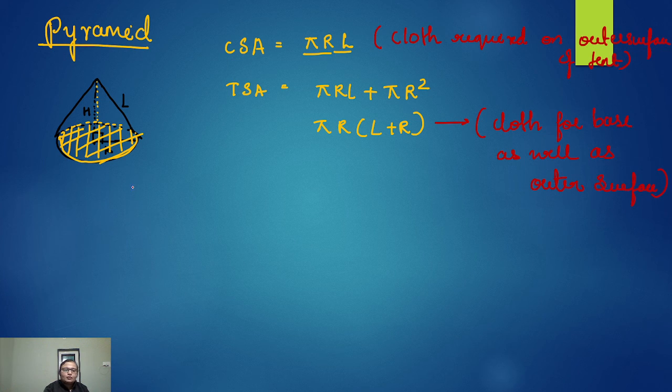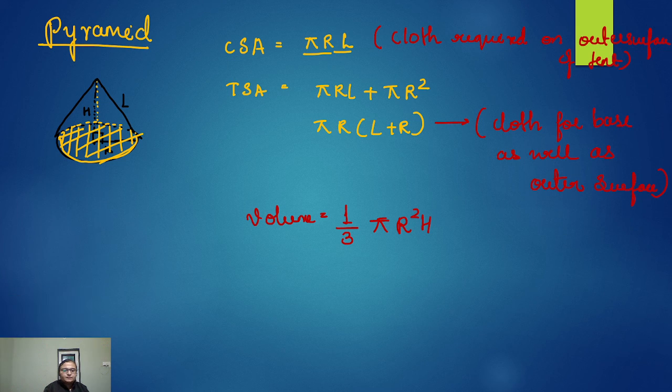When we have a cone shaped vessel and you want to fill liquid, the volume of the cone is 1/3 of that of the cylinder. So volume will be 1/3 of pi r square h. And this L, you have to find out.